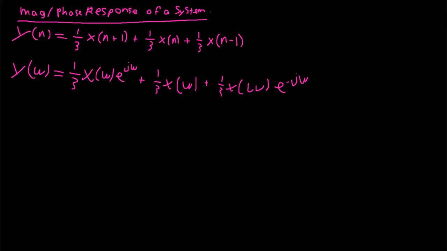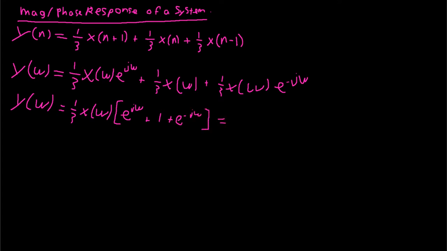Now this we can simplify. We can pull out 1/3 from all of that. We can also pull out X of w from all of that. So we'll get Y of w equals 1/3 X of w times e to the jw plus 1 plus e to the minus jw.